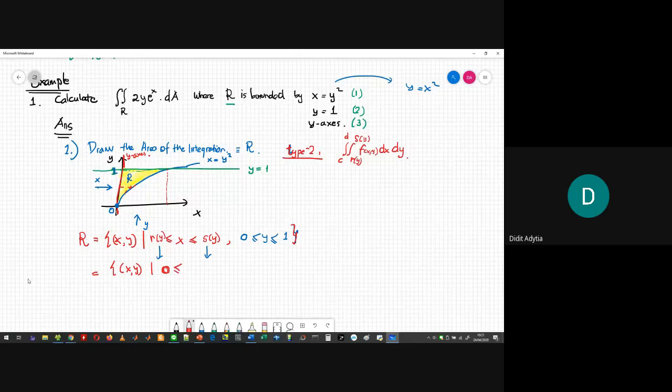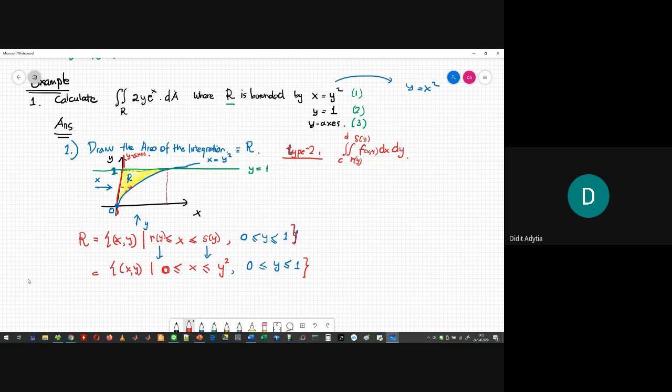And then this is X. And then up to this one, okay? X sama dengan Y square. Berarti di sini dia harus fungsi Y ya. Berarti di sini harus Y square. And then the rest is the same. This is Y between 0 to 1. Okay. Any questions regarding this one?